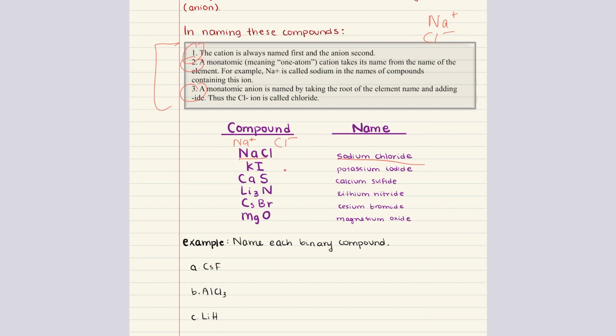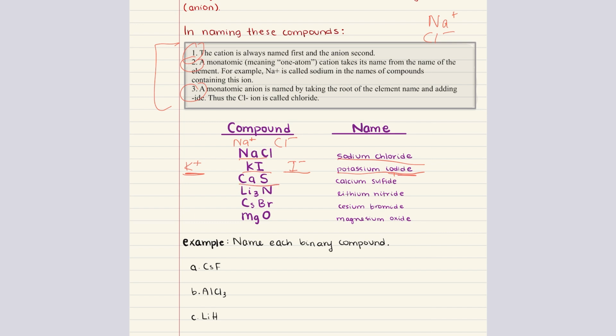KI is potassium iodide because we have K+, which we just refer to as potassium in the name, and I-. So instead of saying iodine, we replace the ending with -ide, so iodide.